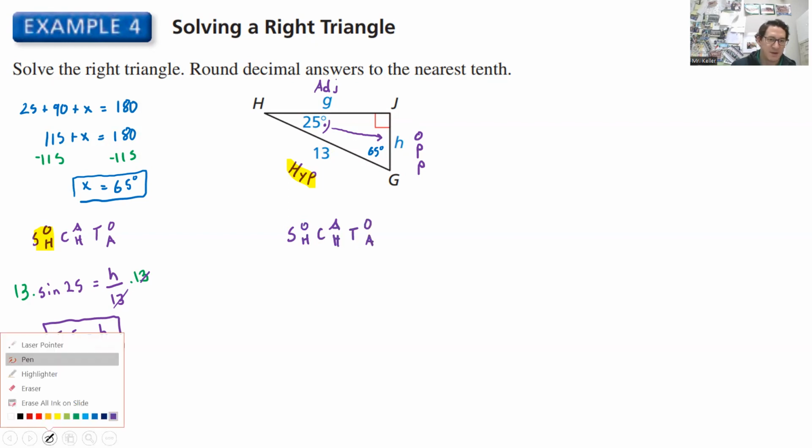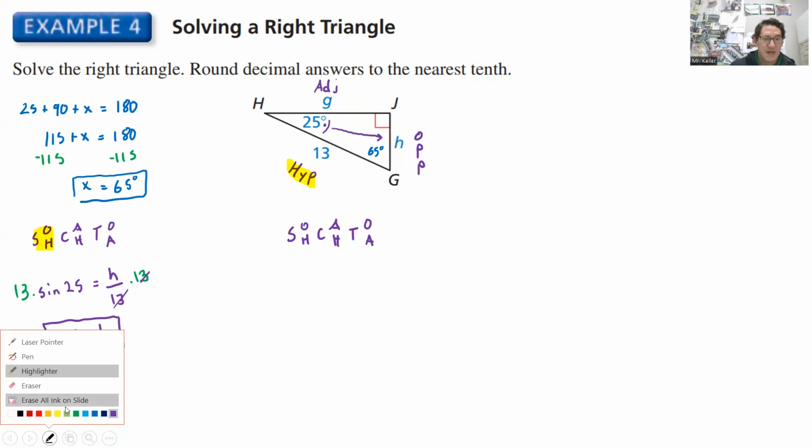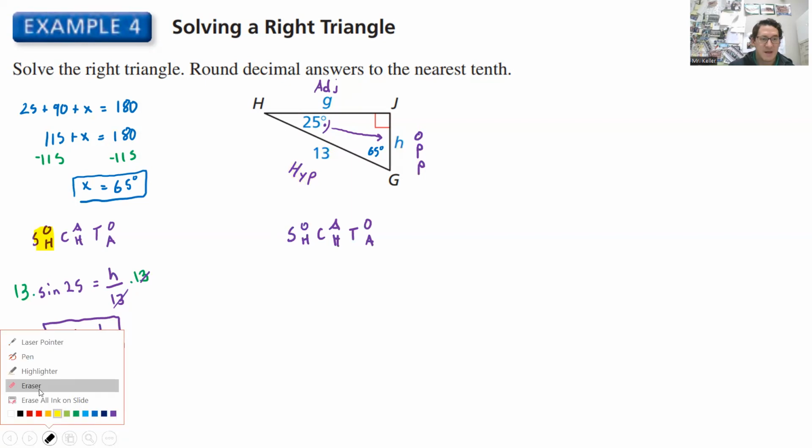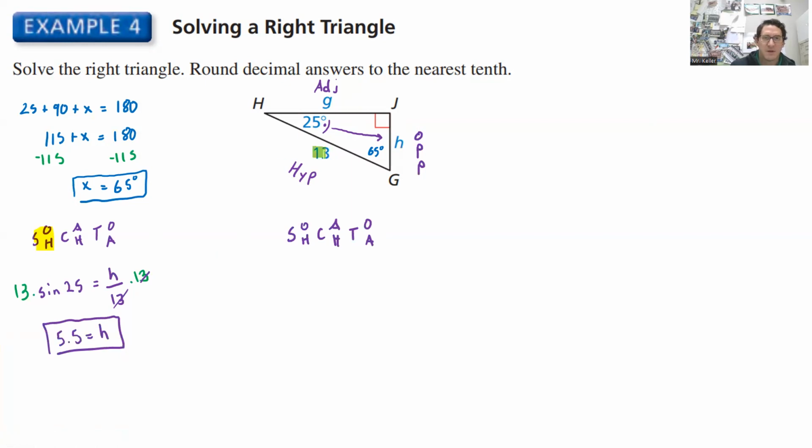If you want to use Pythagorean theorem, you are welcome to do that. But for this now, I'm going to highlight in a different color. Instead of finding the opposite, I am looking for the adjacent now. So light green. I know the hypotenuse and I'm looking for the adjacent side now.